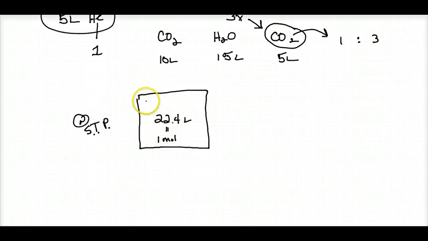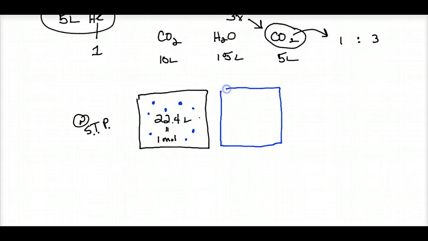That means the amount of particles, or helium in this case, that could fit in this container is equal to 1 mole. Which means if I have 22.4 liters of another gas, I have equal number of moles, which means I have equal number of particles. Usually molecules are what's used here. All right, so that's how that works.